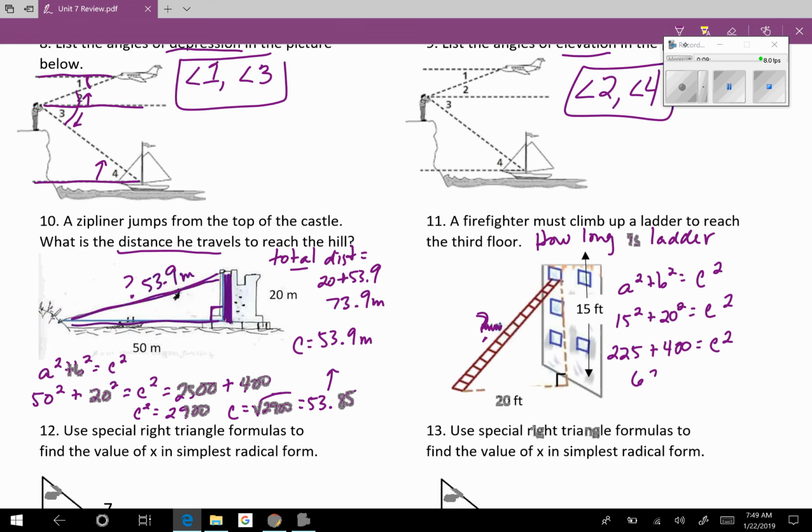So 625 is equal to c squared. And we don't want c squared, we just want c. So c is equal to the square root of 625. And so the square root of 625 is 25. So the ladder is 25. So it's 25 feet.